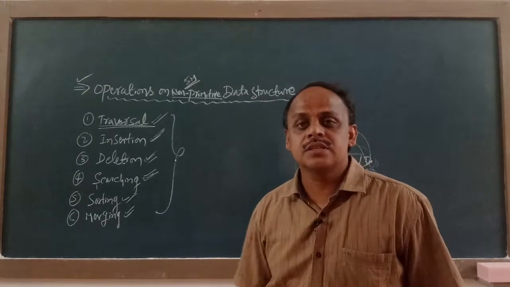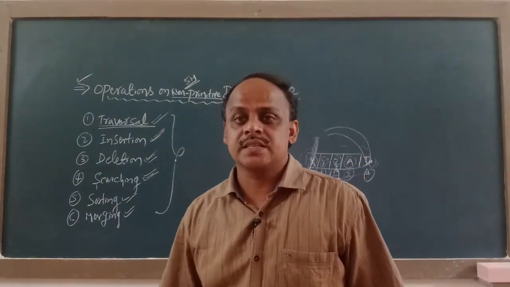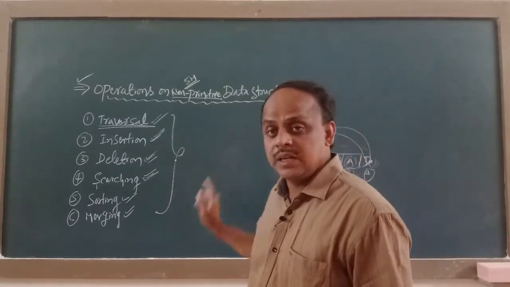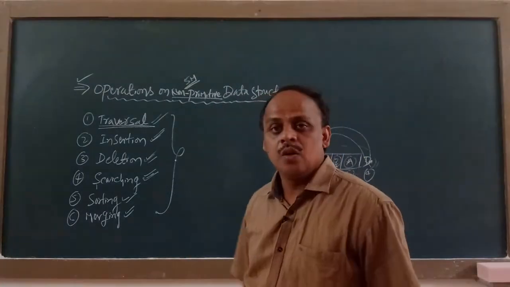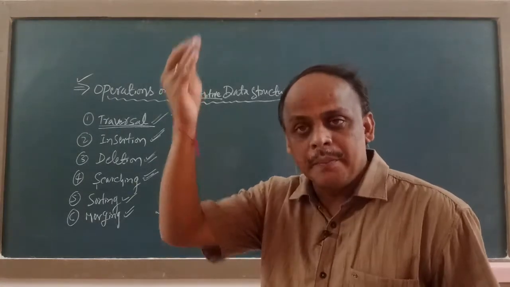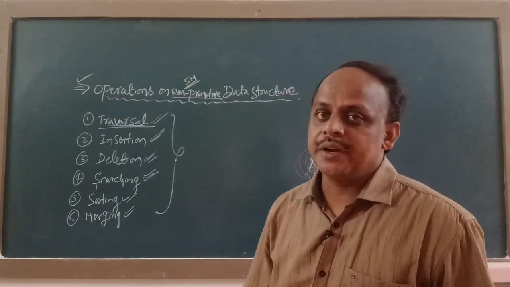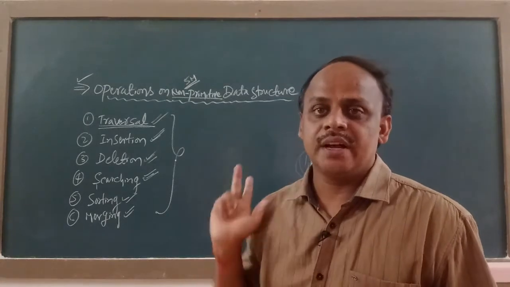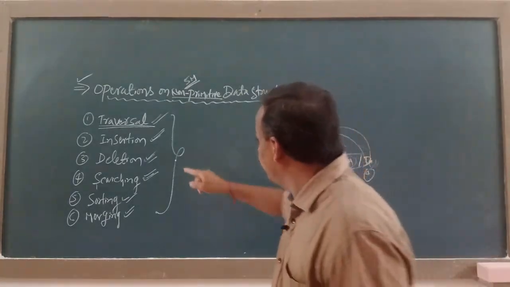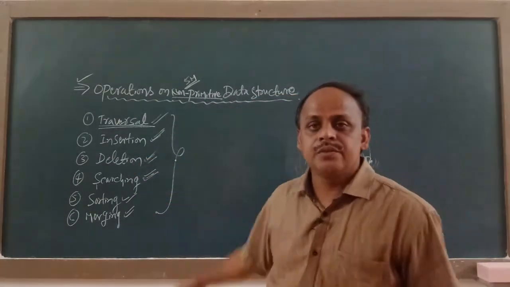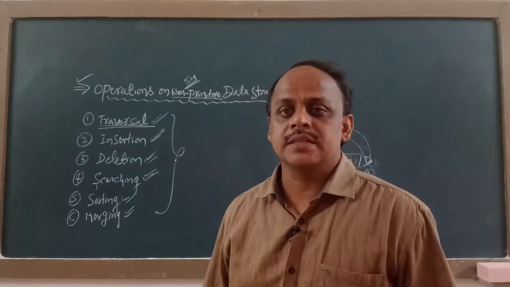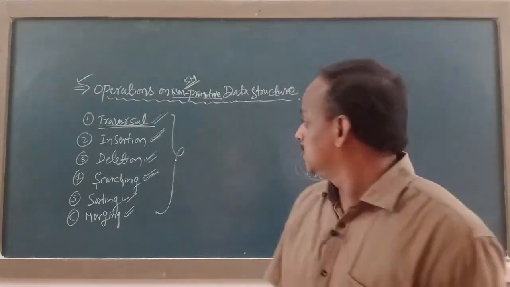These are the operations performed on non-primitive data structure, right? You have to define what is meant by traversal, insertion, deletion. If you just mention the operations, you will get only 2 or 2.5 marks. You have to define any 5 of the following operations to get full marks.